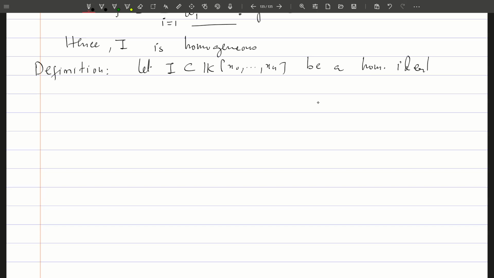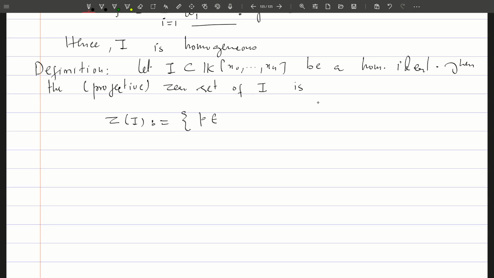Then the zero set of I in the projective space is the set Z(I), and by definition it is all the points P in the projective space such that f of P is 0 for all homogeneous f in I.